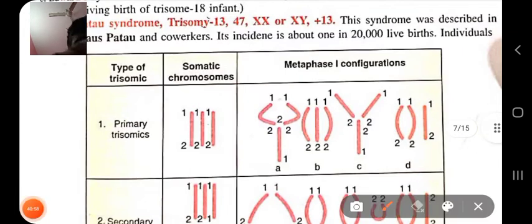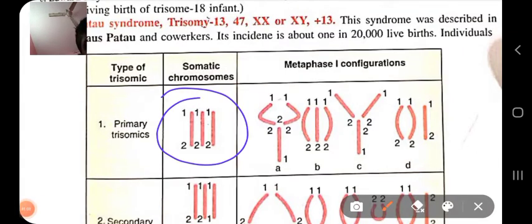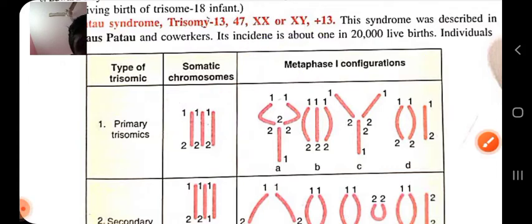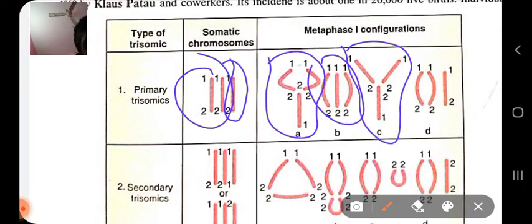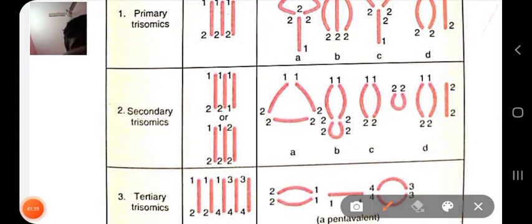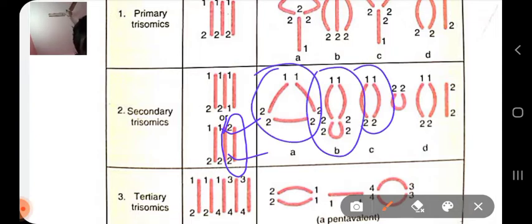It has been shown how the trisomic chromosomes arrange themselves during metaphase. If there is a primary trisomy, the extra chromosome looks like the normal homologous pair of chromosomes, and they will arrange like this in metaphase 1 of meiosis. If there is secondary trisomy, where the extra chromosome is an isochromosome having similar segments, they will arrange like this in metaphase 1 of meiosis.